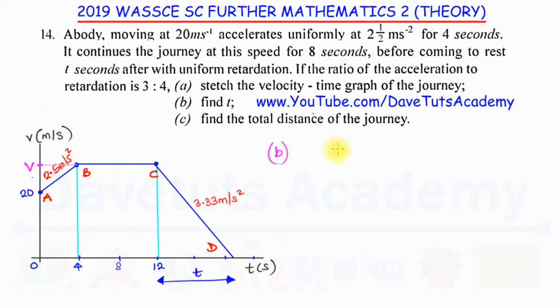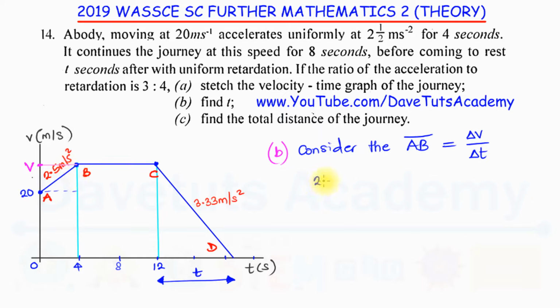From the velocity time graph, what we will notice is that if we consider the line AB, which is actually the slope of the graph, it is the change in velocity over the change in time. So now look at this. If we take this here, we can look at it as if we have a triangle.